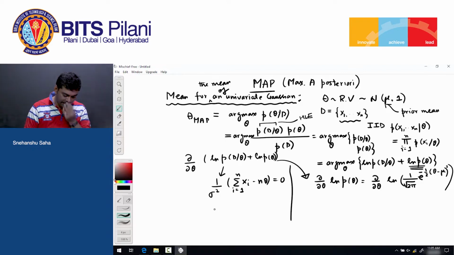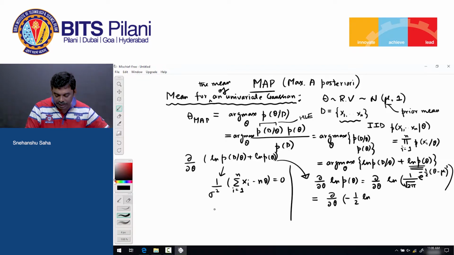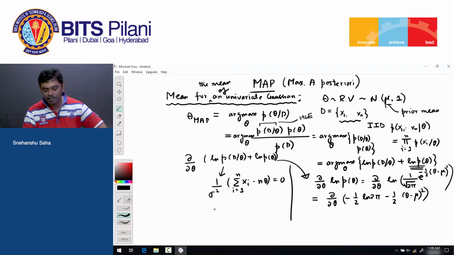Now, it's pretty simple, right? If I do this, I'll have del theta of minus 1/2 ln of 2 pi minus 1/2 (theta minus mu) squared. The first part I should not really bother with.